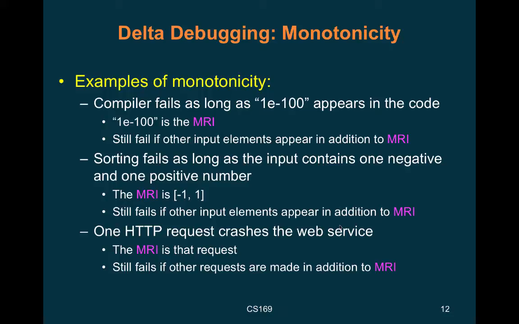Because this will allow you to know in which of the two halves to go. The worst that can happen when this is not true is you cut the input in half, and then you can't see the failure on either the left or the right side. Then you don't know which way to go. So that's why monotonicity is important. But I'll get back to this. Any comments or questions about this monotonicity?